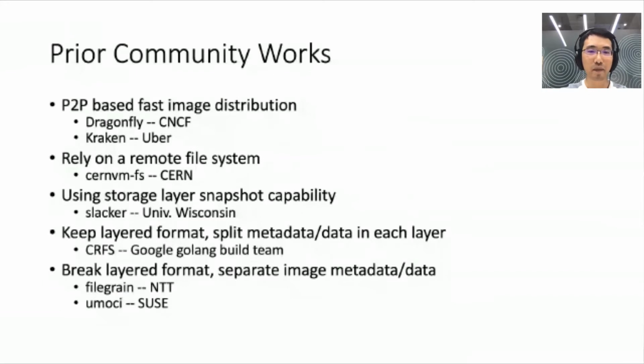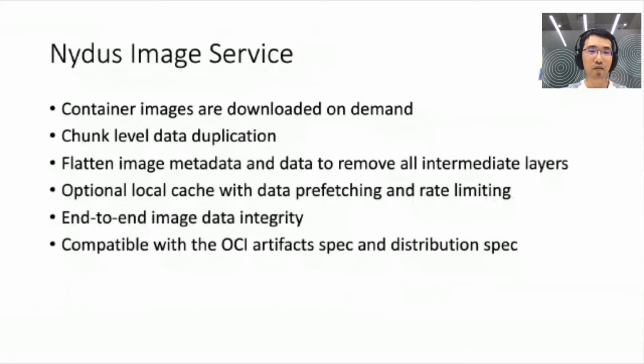So what is the Nydus image service? Firstly, we make sure container images are downloaded on demand instead of having to download all these bits before running a container. Also, we support chunk level data deduplication, so the disk space is reduced to a certain minimal level.